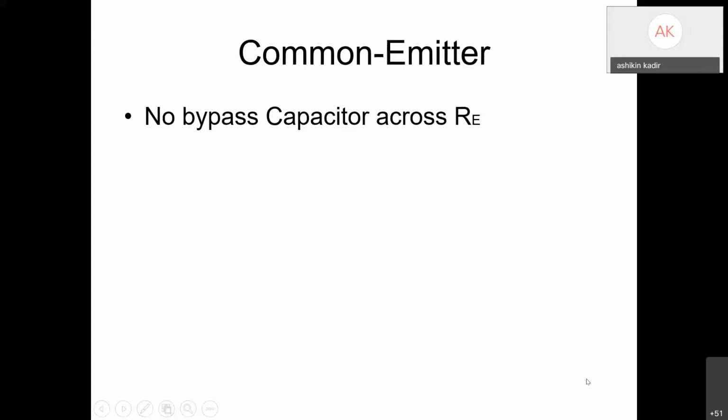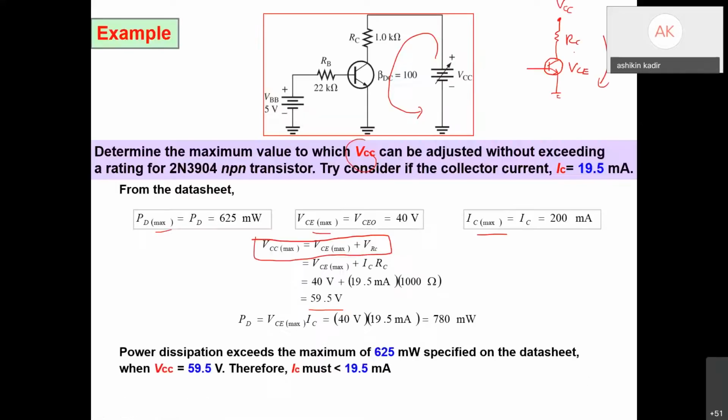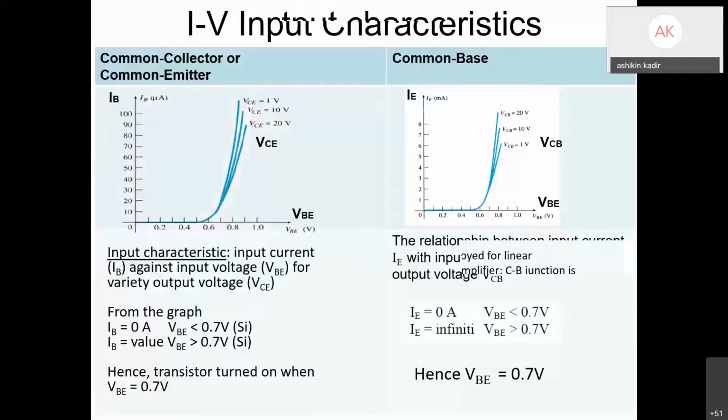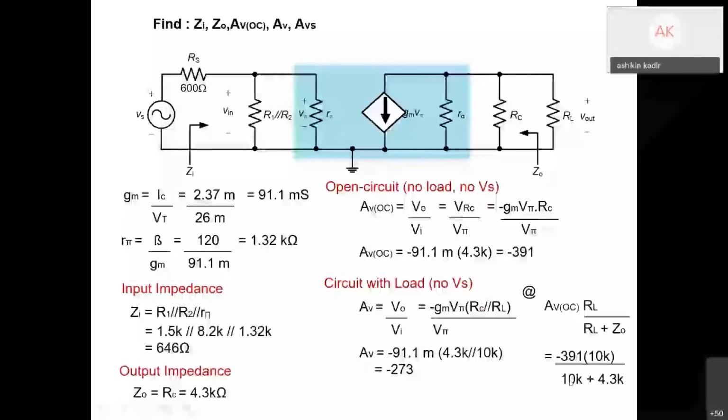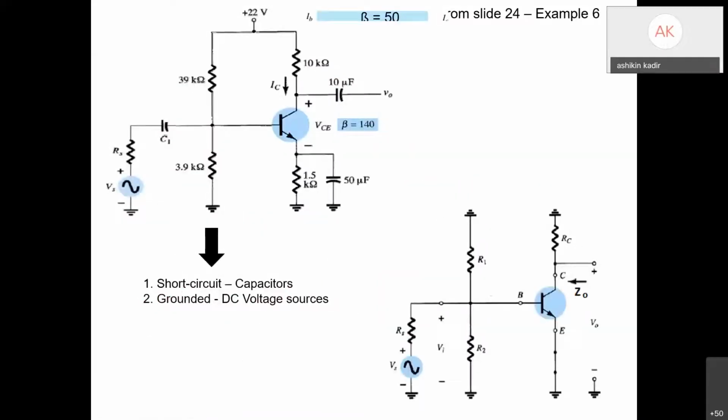Alright, so before this, if you see our previous examples, most of the examples, if you look at the circuit, with the collector, base, and emitter of your BJT, at the emitter terminal there must be a capacitor.